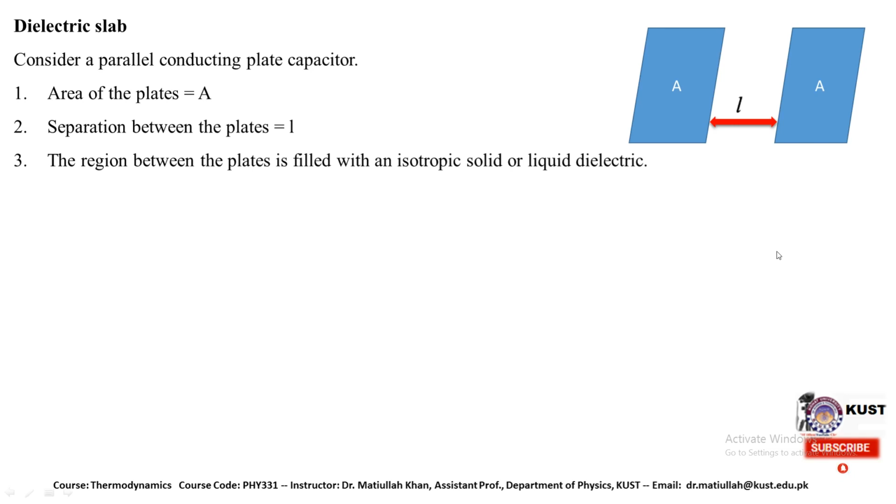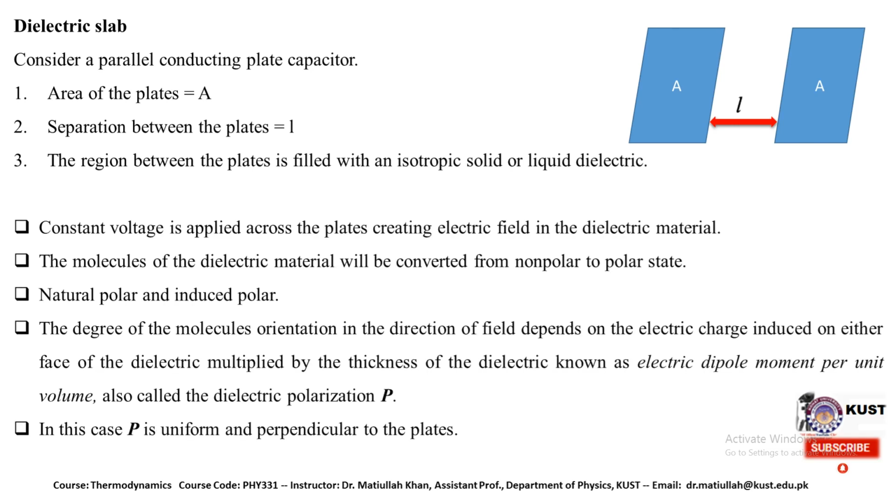Here this is a parallel conducting plates capacitor in which two plates which are parallel to each other are separated by a distance L, and the area of each plate is represented by A. So the region in between the two plates is filled with an isotropic solid or liquid dielectric. So we will consider this region to be a dielectric slab and understand its behavior upon charging and discharging.